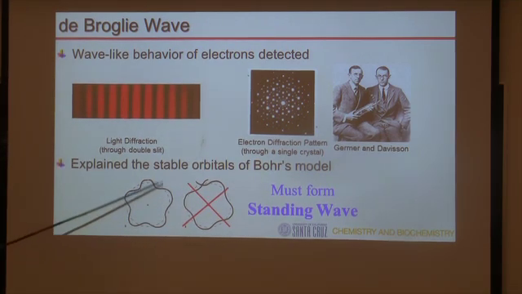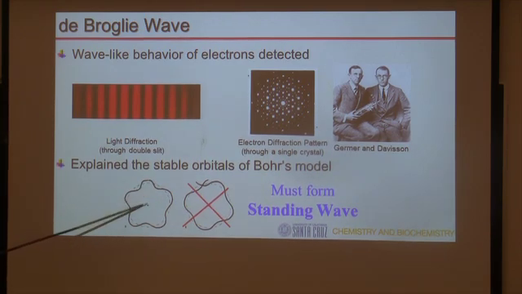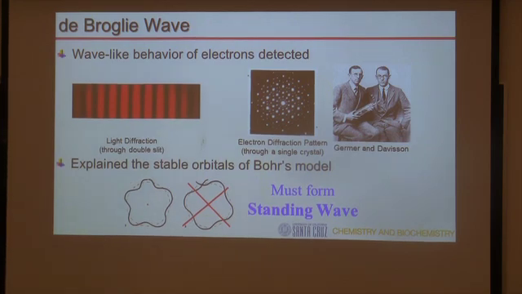To form the standing wave, we need to consider the circumference of the circle and the wavelength of the wave. So that's why we can't have just any number, we have discrete radii for the orbitals. That explains the stable orbitals. This is just a brief introduction. There are some discussions in the textbook and in lectures. If you still have questions, we can talk about that afterwards.